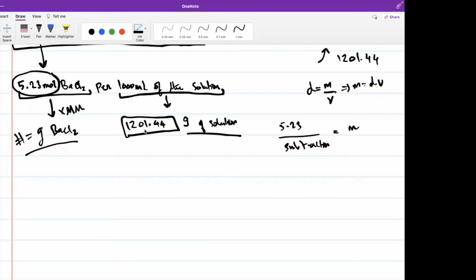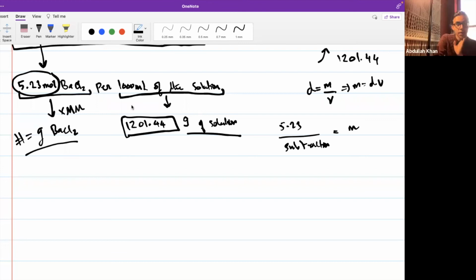So for the total mass, at the bottom we're subtracting the total mass minus what exactly? Your thing has 2 things, right? You have water and you have BaCl2. Your solvent is water.